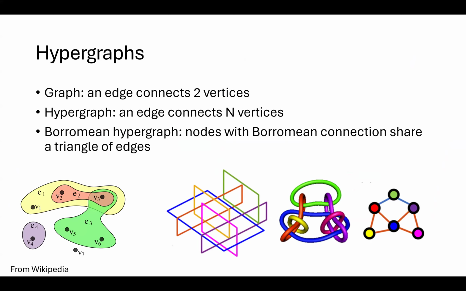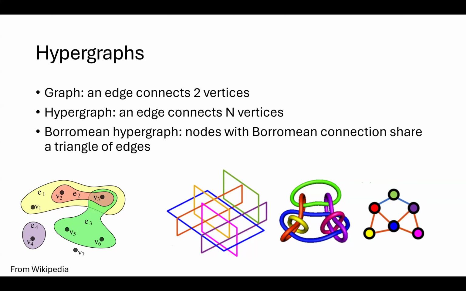So kinetoplasts are typically represented as graphs, at least when we look at their topology. A graph has an edge that connects 2 nodes. With Borromean rings, we require 3 edges and 3 nodes to define a connection. So that makes it a hypergraph, which is a generalization where each edge can connect a certain number of vertices, in our case n.